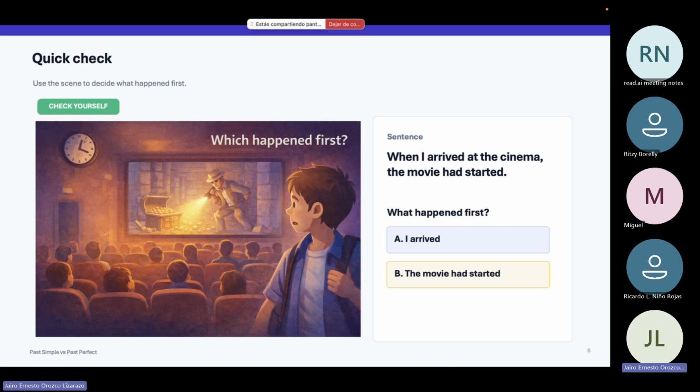You can write it on the chat. When I arrived at the cinema, the movie had started. What happens first? The movie had started. That's the first action that happened. So usually the one that happens first, you have to write it in past perfect.